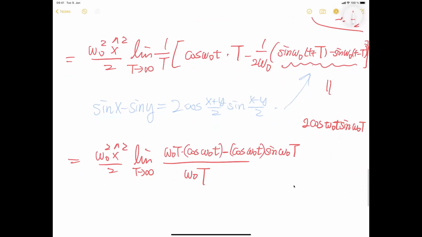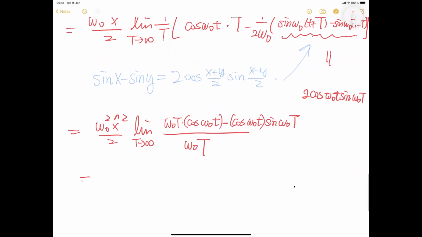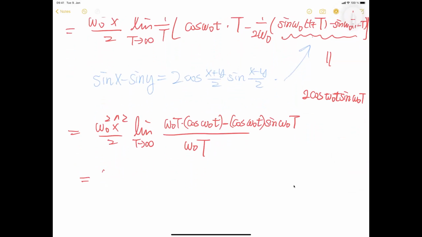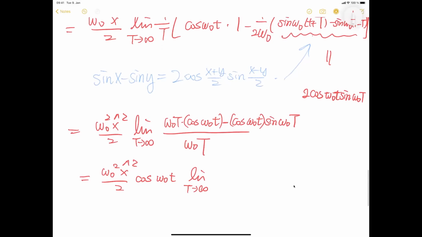And then you can factor out this cosine omega 0 small t, and you take the limit of this t to plus infinity.